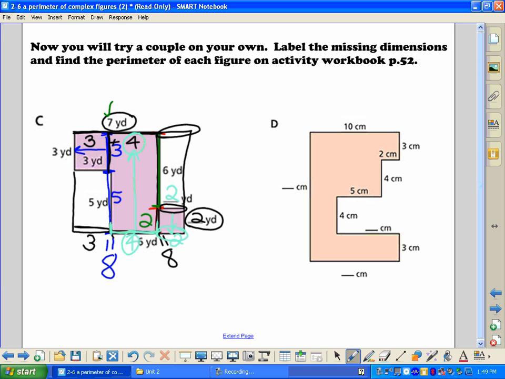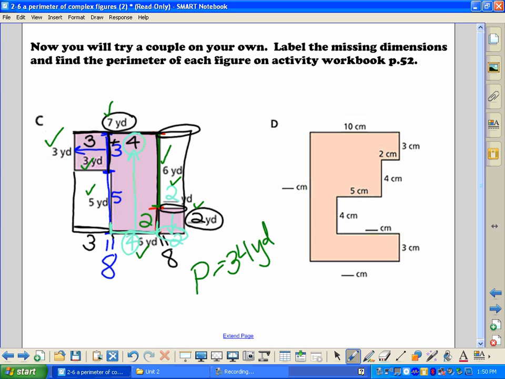I've got 7 plus 6, 13 plus 2, 15 plus 2 plus 6, 23 plus 5, 28 plus 3, 31 plus 3, 34. So our perimeter would be 34 yards. Woo, lots of work.